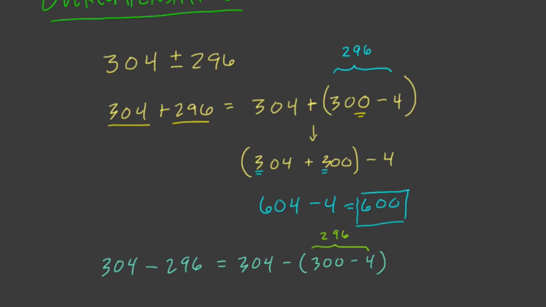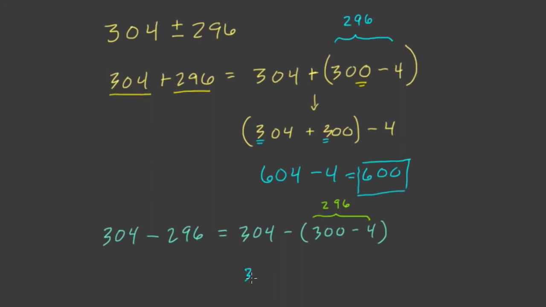So when we reassociate these, we want to think of them in this way. I'm trying to think how I'm going to say it. 304 minus 300 together. And then we're subtracting a negative 4, which is plus 4, right?